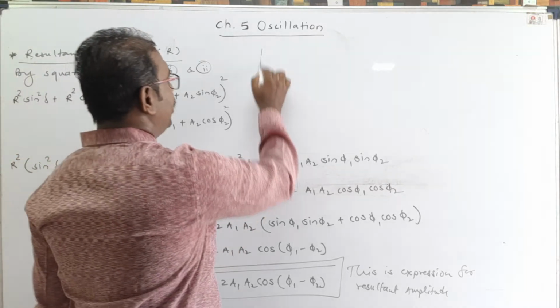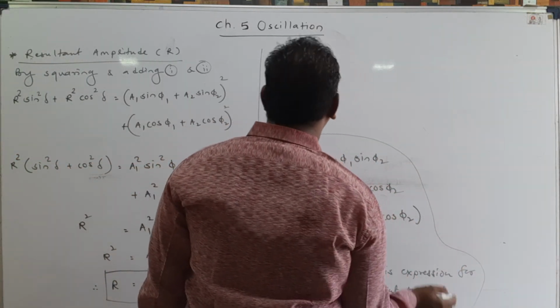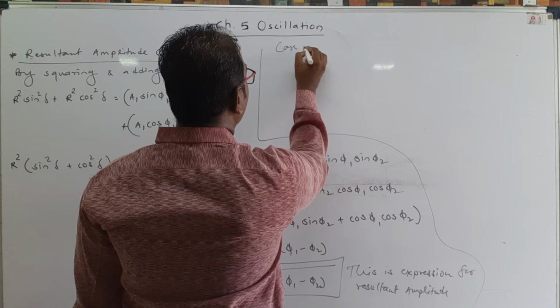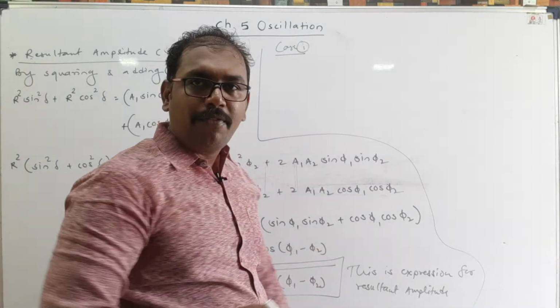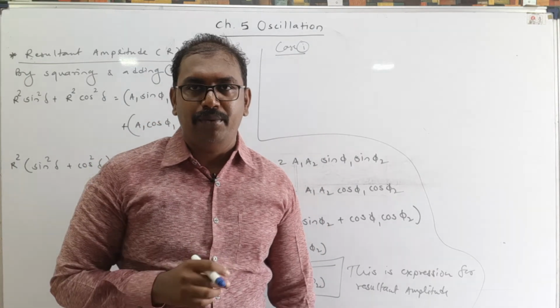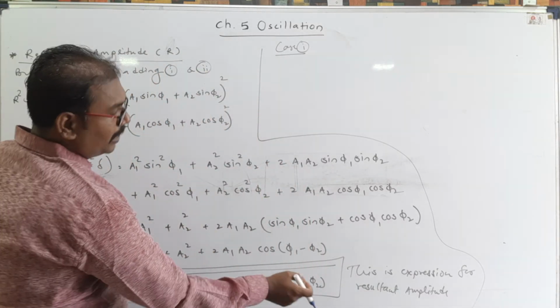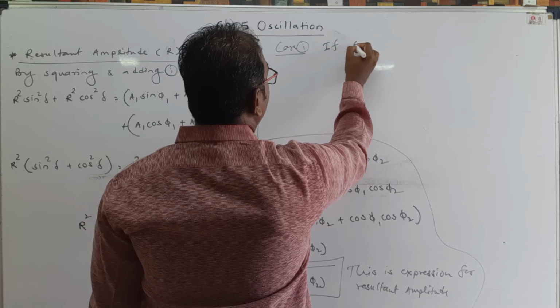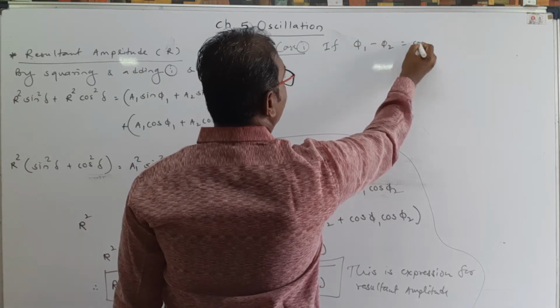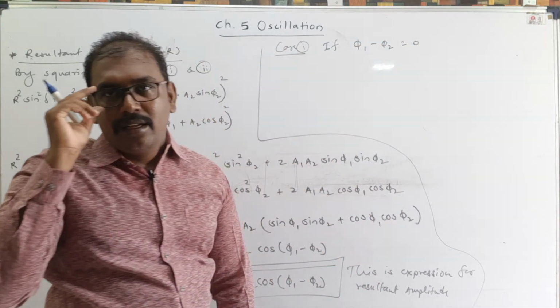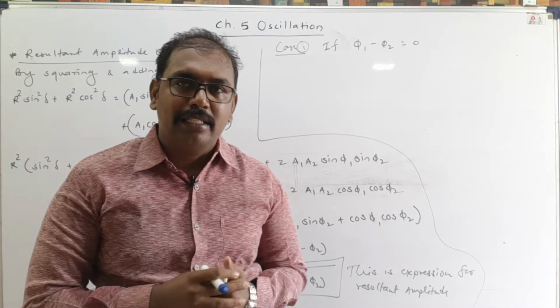Now here also we can learn three cases. Case 1: when the phase difference between two SHMs, this phase difference phi 1 minus phi 2, is 0. It means that the two SHMs are in same phase.